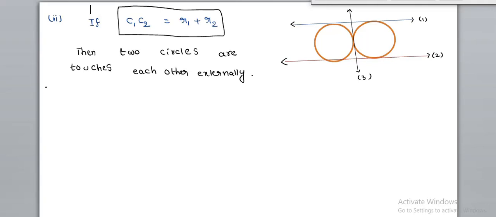The number of tangents, how many is there? Three. The number of tangents is 3. Please observe, how many tangents? 3 tangents. Okay, next, third condition, very important.